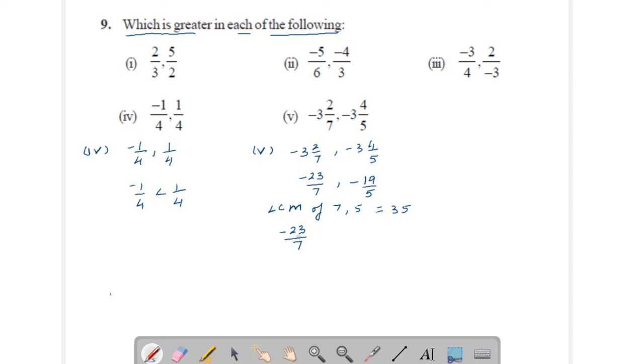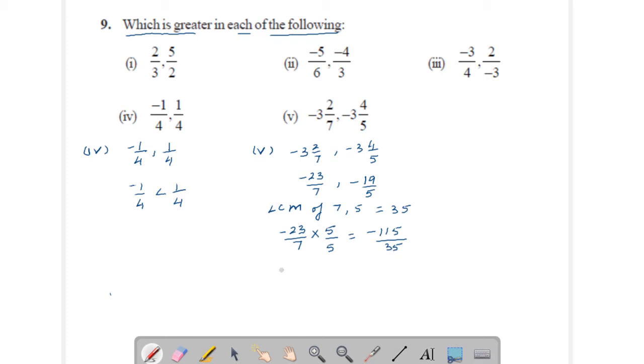Here denominator is 7. Divide 35 by 7. You will get 5. So multiply with 5 in numerator and denominator. You will get minus 115 upon 35.